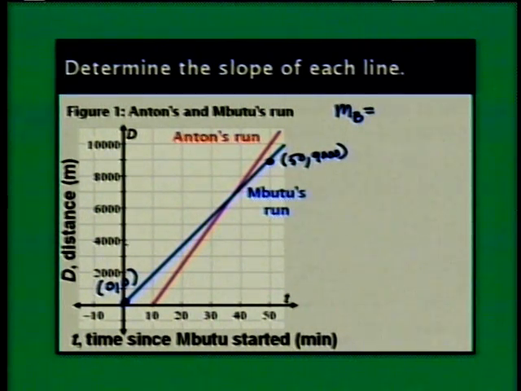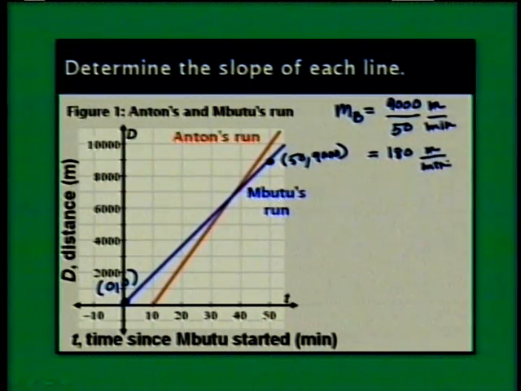I rise 9,000 meters and run 50 minutes. So I have 9,000 meters per 50 minutes. 5 goes into 90 18 times, so 50 goes into 9,000 180 times, so the slope of the blue line is 180 meters per minute.